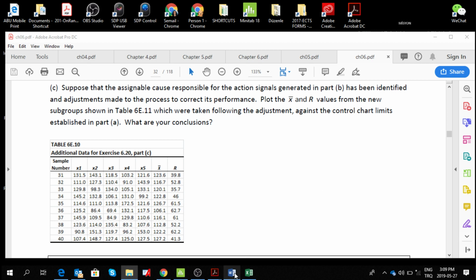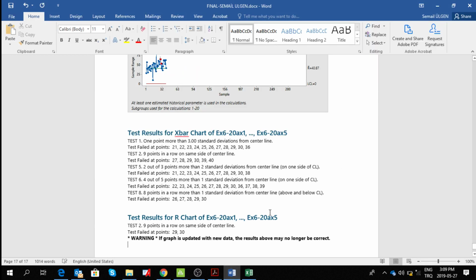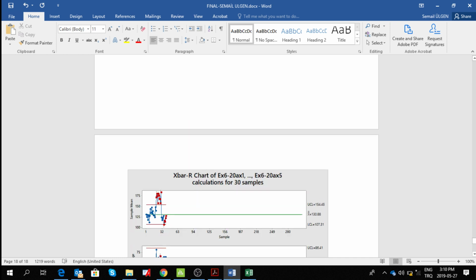If we open up our Word, we have all the test results. Do you see number 36 is new? And this is test 2 that failed for the R chart, but that's not a big issue. It's not out of control limits. So that's the end of the question.